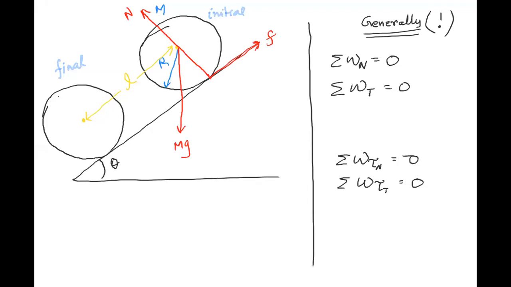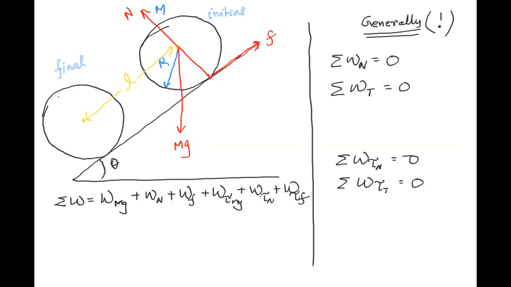Now, please see very, very carefully. Summation of work done will be work done due to mg plus work done due to normal reaction plus work done due to friction plus work done due to torque due to mg plus work done due to torque due to normal reaction plus work done due to torque due to friction.